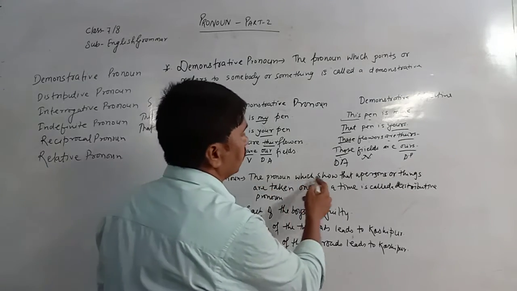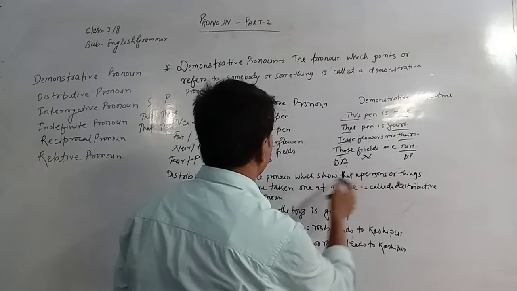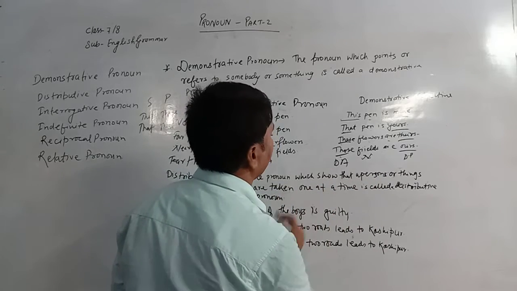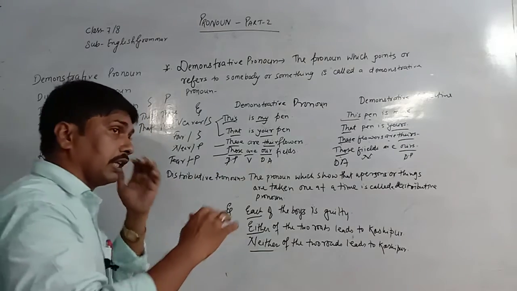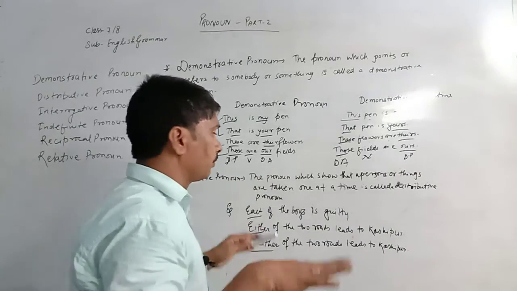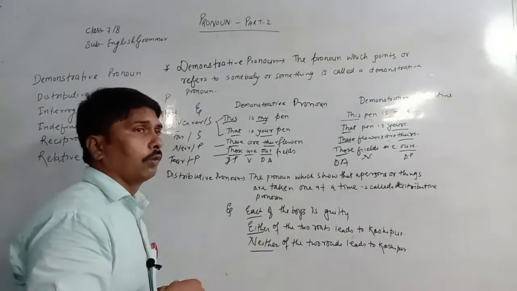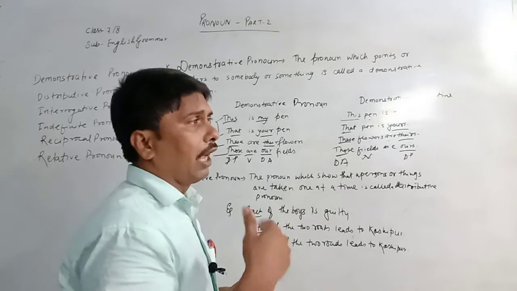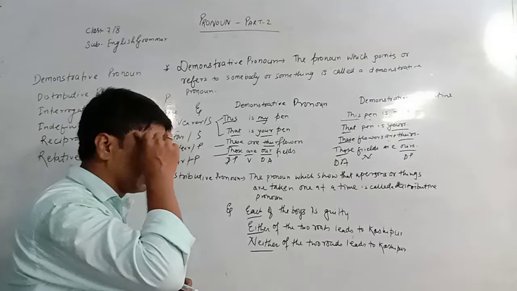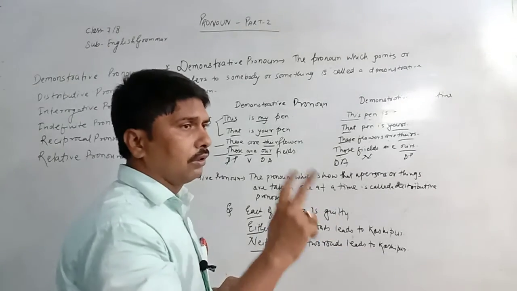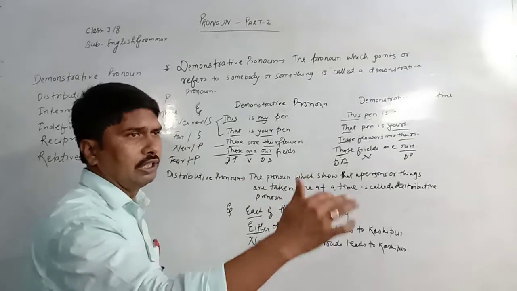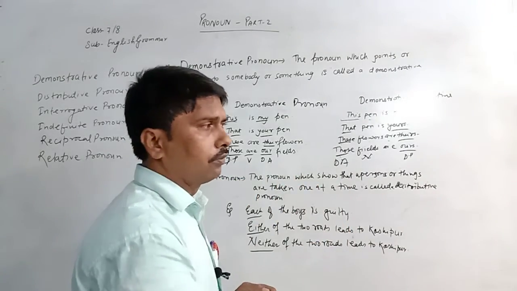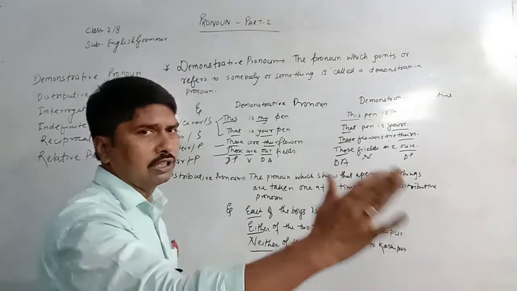The pronoun which shows that persons or things are taken one at a time is called a distributive pronoun. इसको हम बारी बारी से लेते हैं, जैसे कि suppose that there are 4 students and I want to distribute chocolates. So I will give 4 students 4 chocolates, but simultaneously, one at a time: first, second, third and fourth.